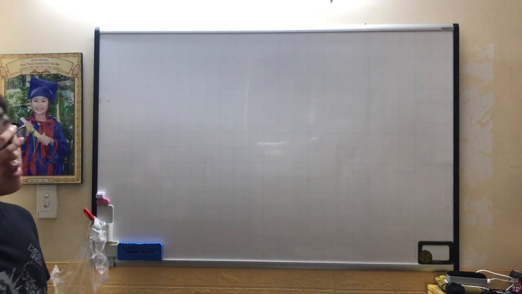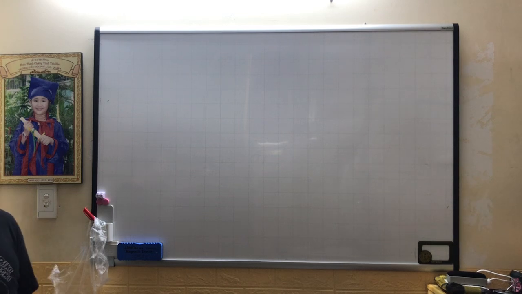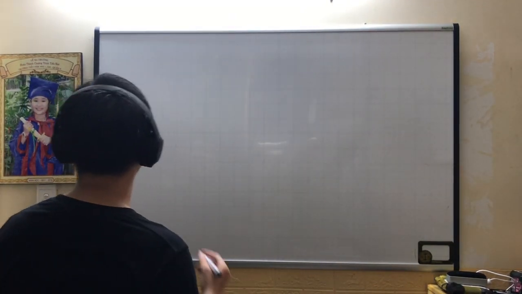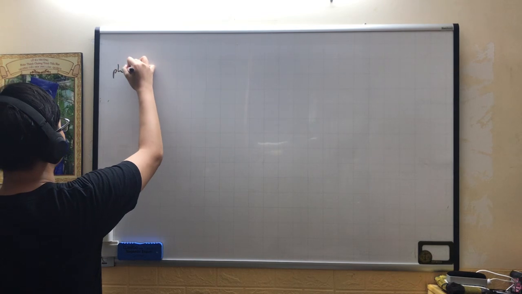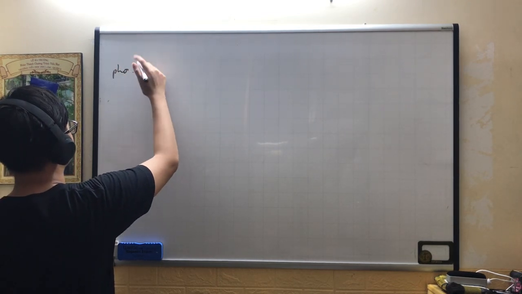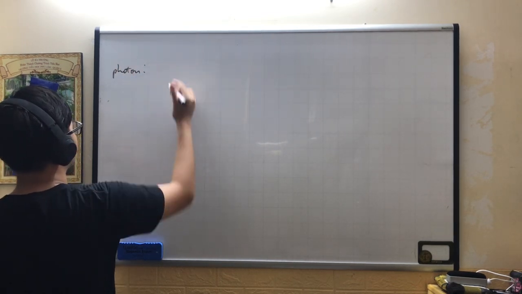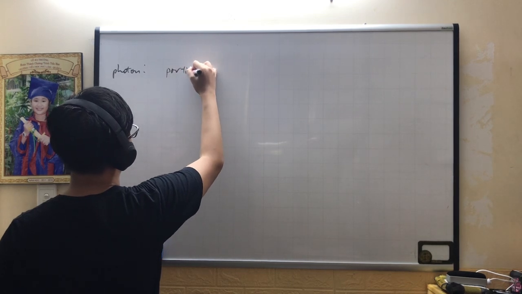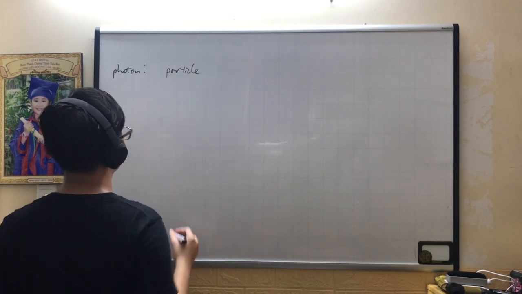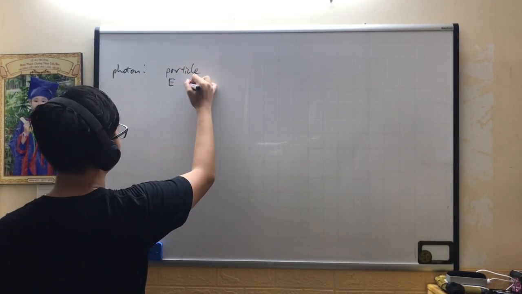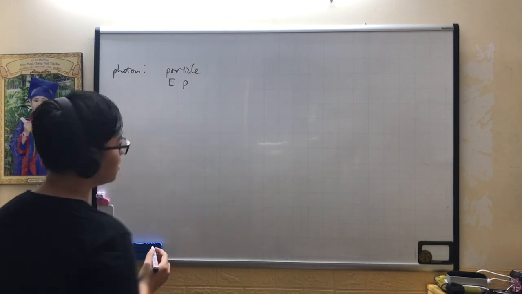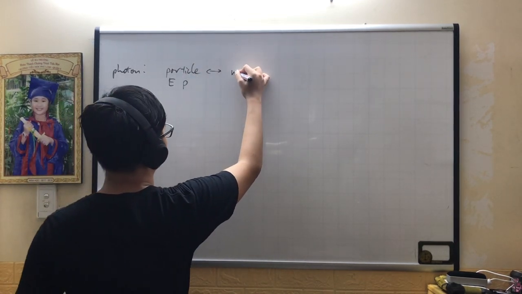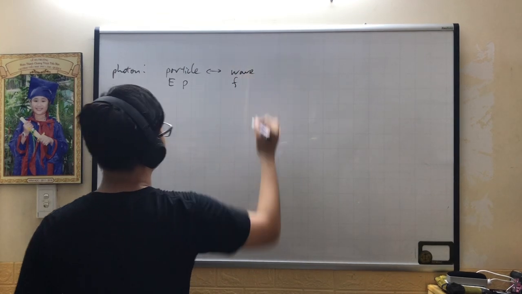So the particle wave duality was first proposed by De Broglie when he said that a photon can behave as a particle with momentum and energy, so E and p. But it can also be a wave with a frequency.